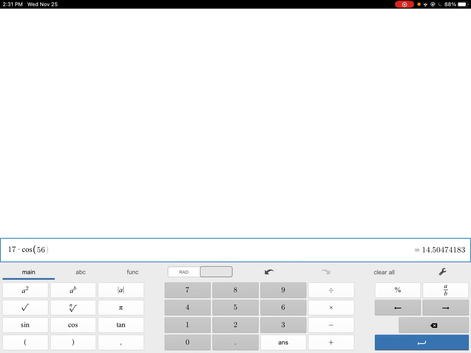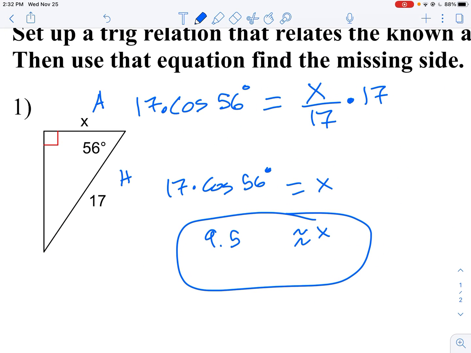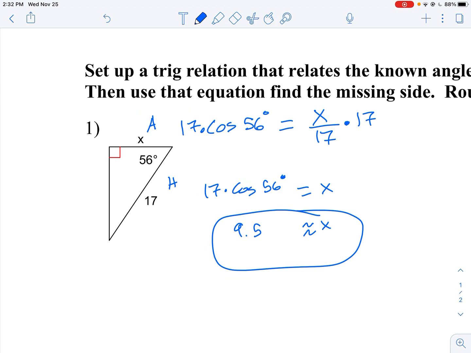Make sure your little toggle switch here is on degrees, and you can see that I got my 9.50627. So that's how you get it in the online scientific calculator, and it's really similar on any scientific calculator.